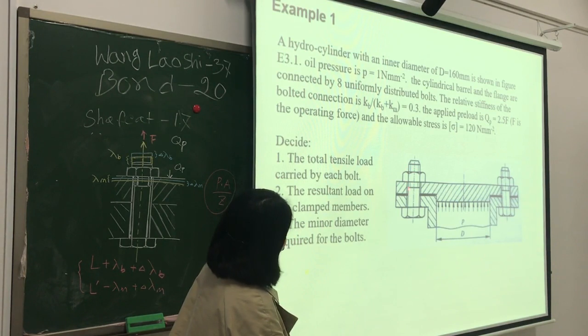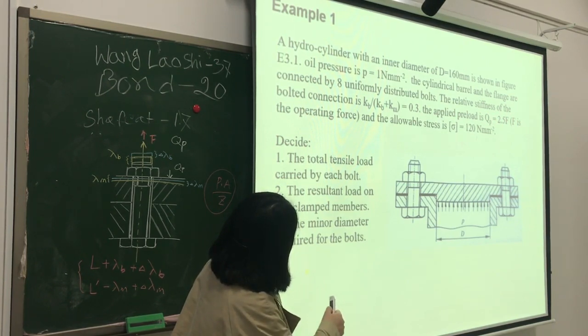The relative stiffness of the bolt connection is 0.3, and the preload is 2.5 F, where F is the operating force.